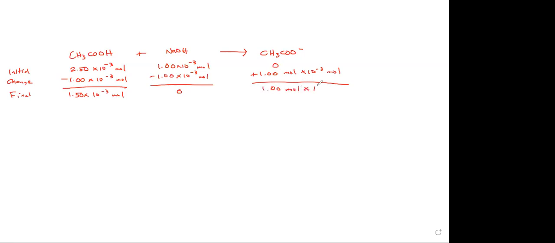Oh, no. You only have 1.00 times 10 to the negative 3, because you add it with 0. What do you get? So everyone okay with the values that we have here? Everyone okay here?